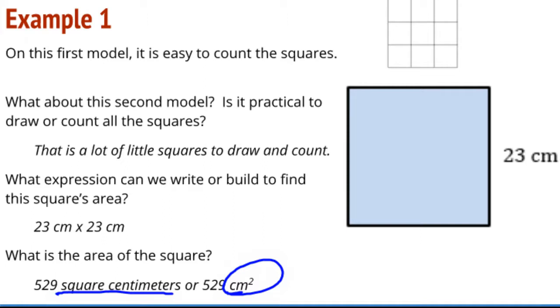If we read this left to right, we would see centimeters squared. But I'd like to continue to emphasize that we would actually read this as square centimeters. It's not technically wrong to say centimeters squared, but it can cause a little bit of confusion.